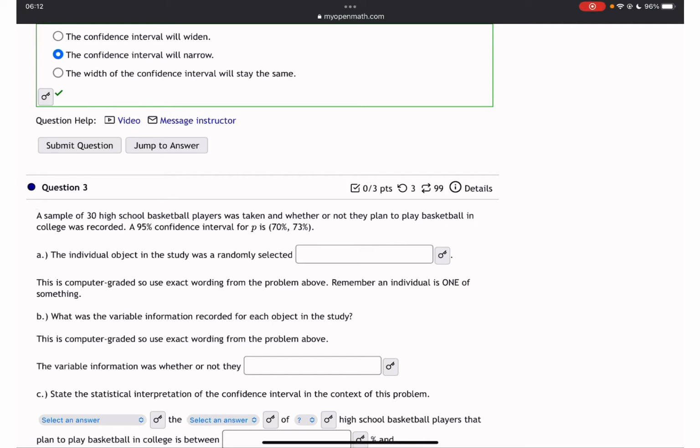What is the individual object in the study that was randomly selected? It is high school basketball players.